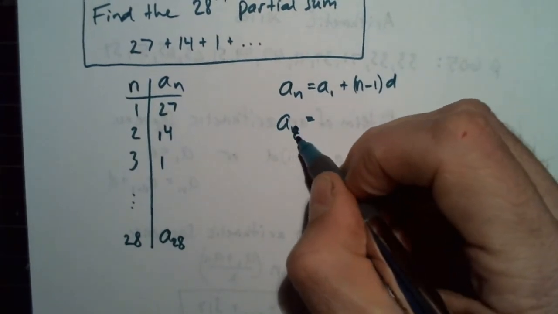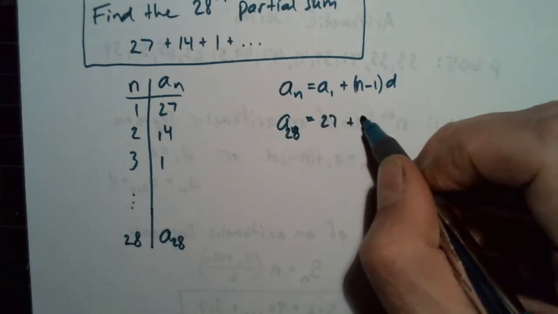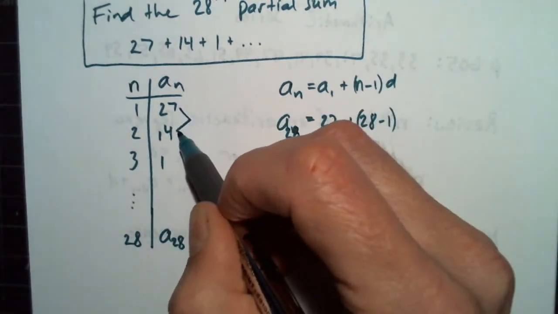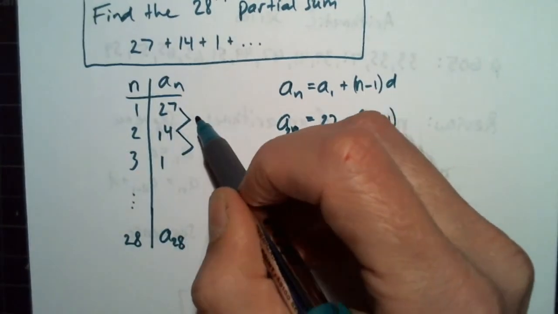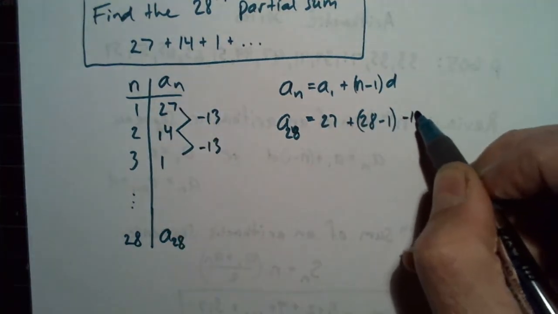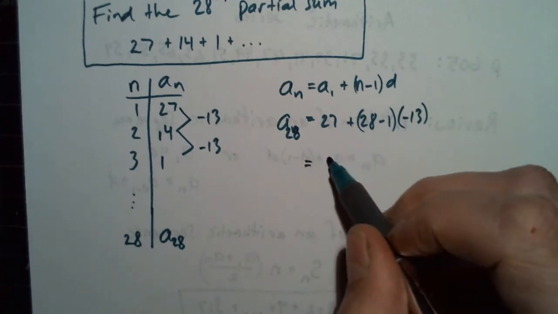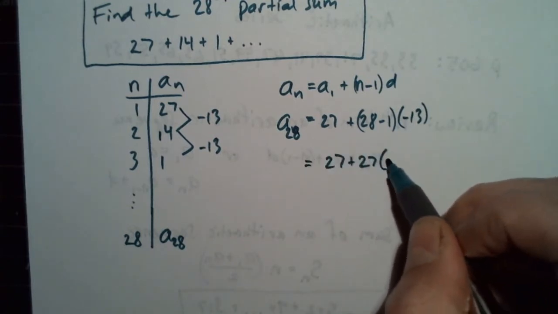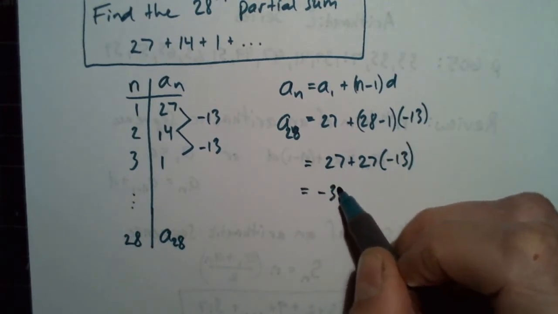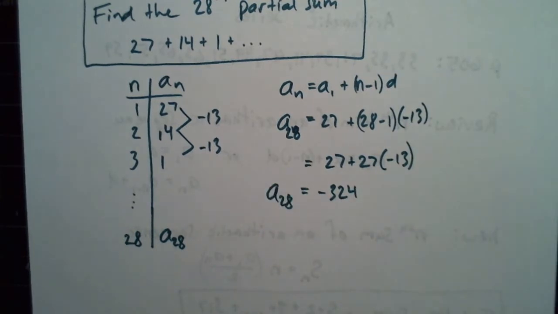A1 is 27, N is 28, and D: 14 minus 27, that's negative 13. 1 minus 14 is negative 13. Common difference is negative 13. So the 28th term is negative 324.